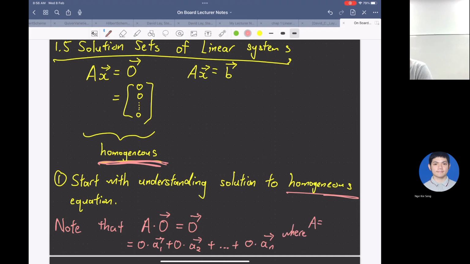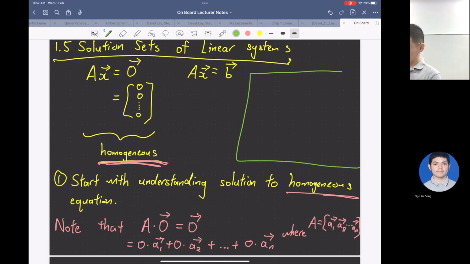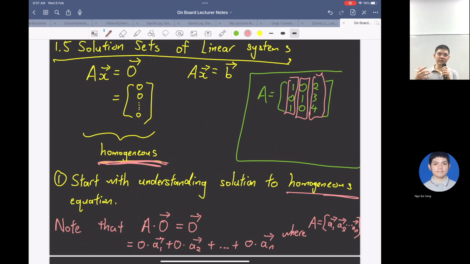Split your matrix into columns. In this chapter at least, we always like to split our matrix into columns. We like to study our matrix like this, as column vectors, so keep that picture in your mind.